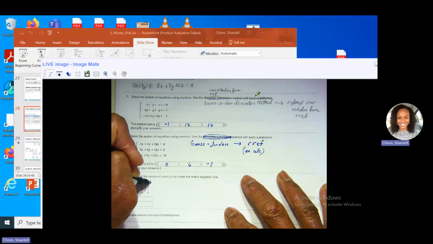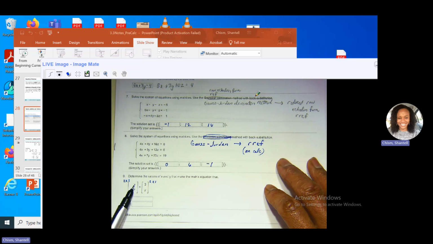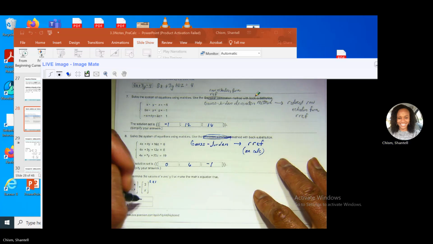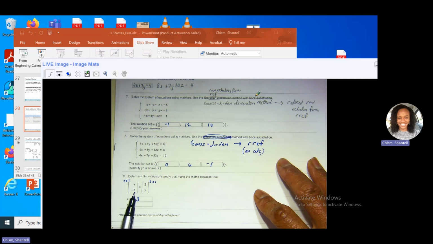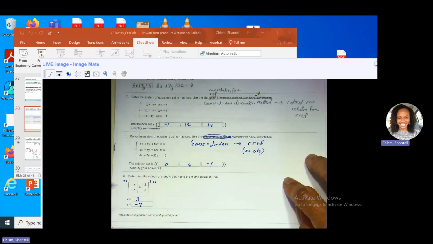And they're placed equal to each other, which means their corresponding elements are equal. So the first element here is equal to the first element here. So x equals 3. And the first element in this second row is equal to the first element in this second row. -7 equals y, or y equals -7. Okay?